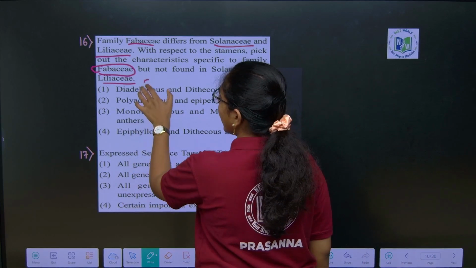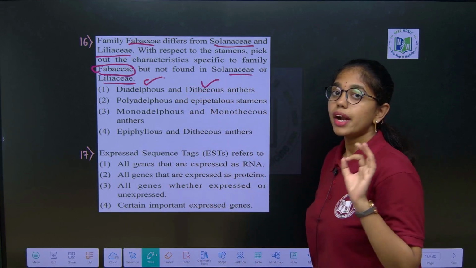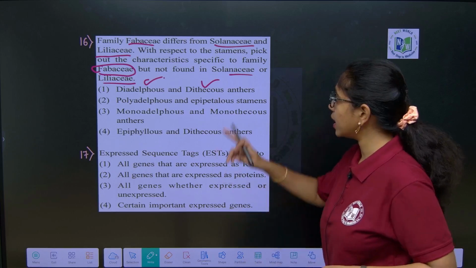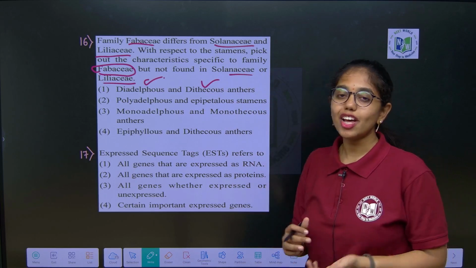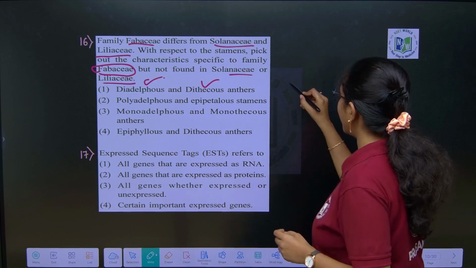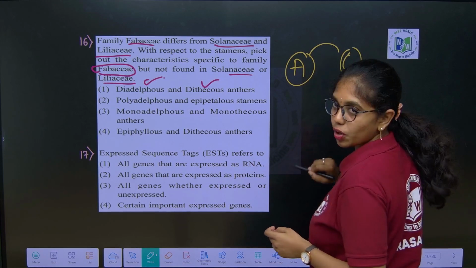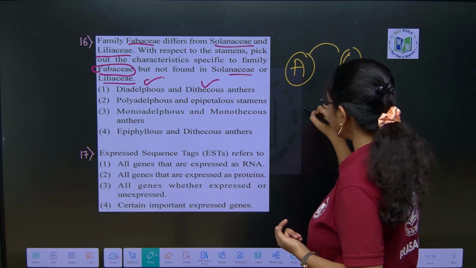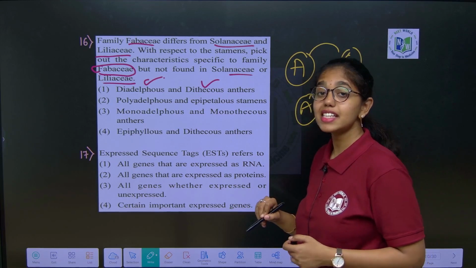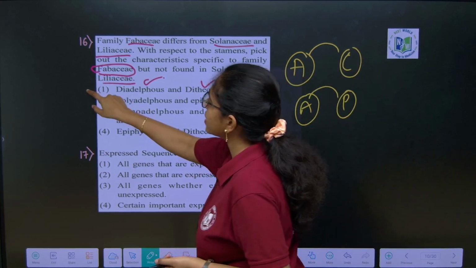That is diadelphous and dithecous anther. Diadelphous condition you can see only in Fabaceae, not in Solanaceae or Liliaceae. In Solanaceae and Liliaceae, what you will see is adhesion of androecium, wherein the androecium is attached to the corolla, that is the epipetalous condition. Androecium attached to the perianth is the epiphyllous condition in Liliaceae. Clear?